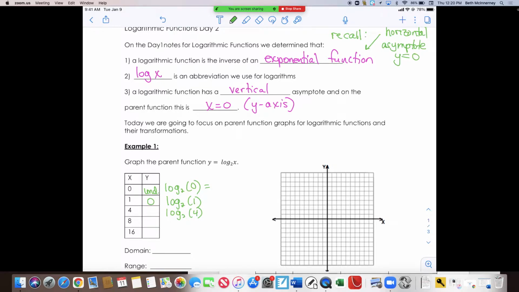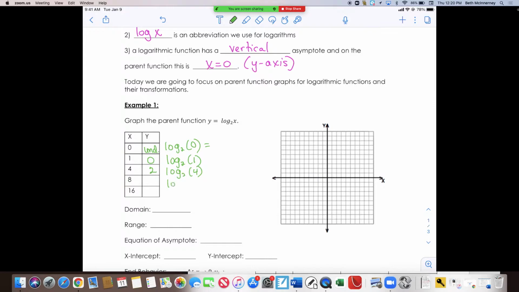What are we getting? 2. So I'm going to do log base 2 of 8. What do you get? 3. And log base 2 of 16. Anybody got it? 4.